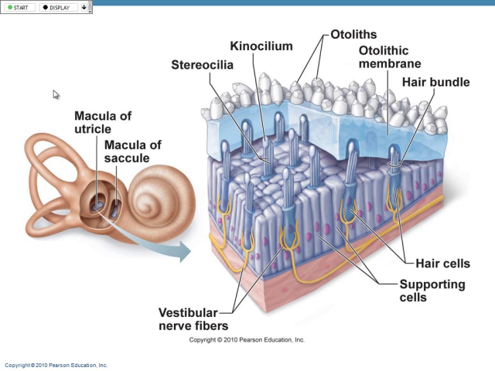No, these are neurons. These are columnar epithelial cells, but these are not epithelial, they're neurons. The stereocilia are basically dendrites of the neuron. They kind of have the same name, but they're not the same.